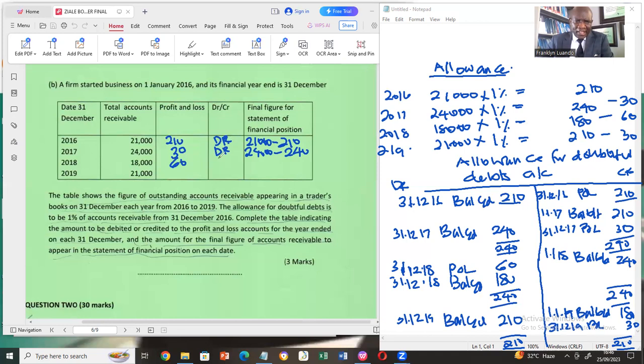A reduction is again a gain, therefore, credit the P&L. In here, there will be 18,000 less 180. In 2019, there was an increase, 30. Debit. And the receivables at the end of the year will be less the total allowance, 210. So that's how you account for the allowance for doubtful debts.